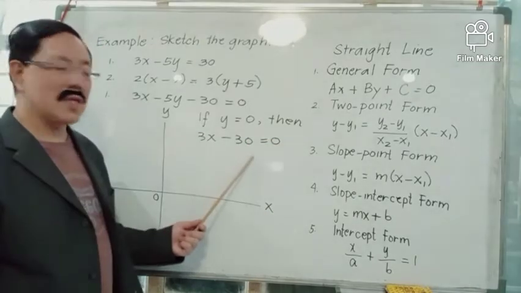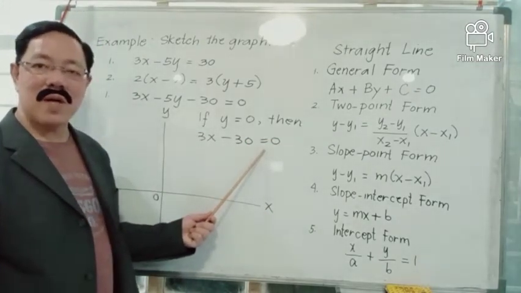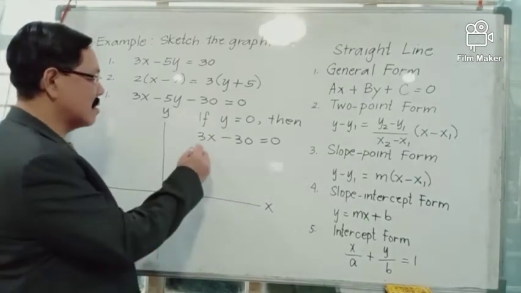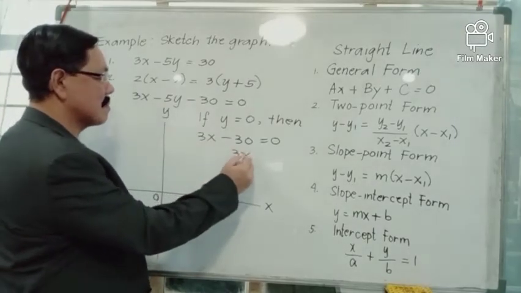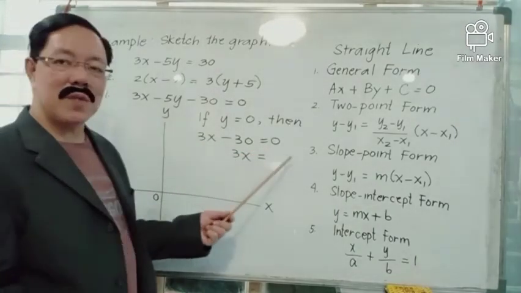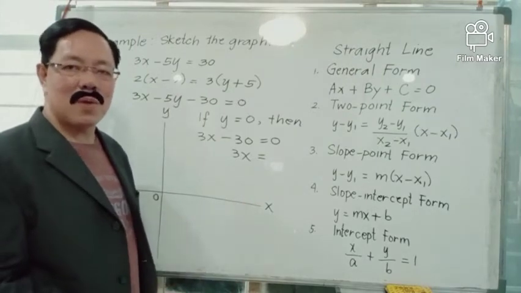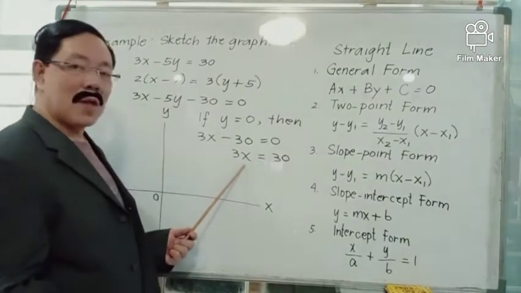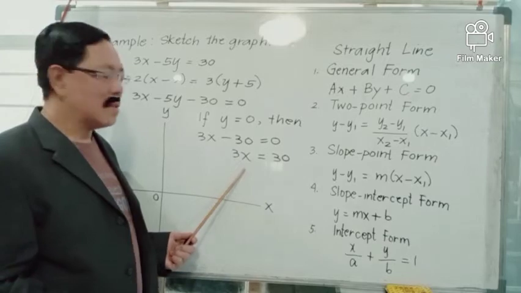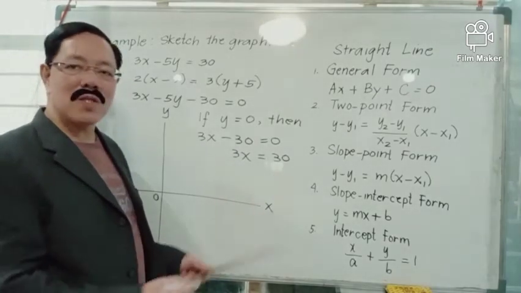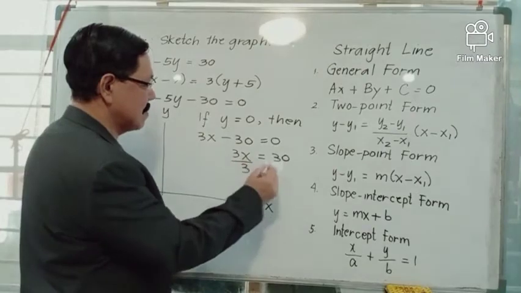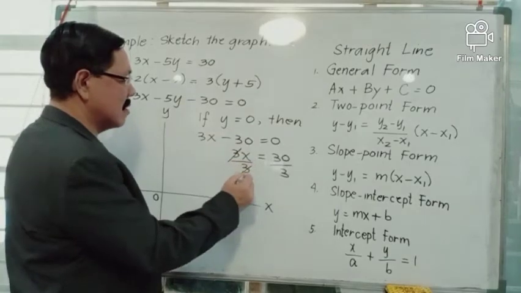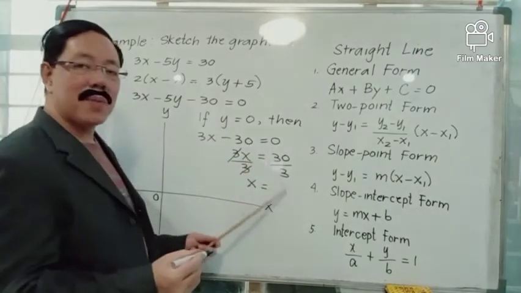This is a linear equation in one variable x, and we solve for x. We transpose negative 30 to the right-hand side, so we have 3x equals 30, since the opposite sign of negative 30 is positive. To solve for x, the coefficient of x must be 1. Therefore, we divide both sides of the equation by 3. 3 will cancel out from the left-hand side. x equals 30 divided by 3 is 10.